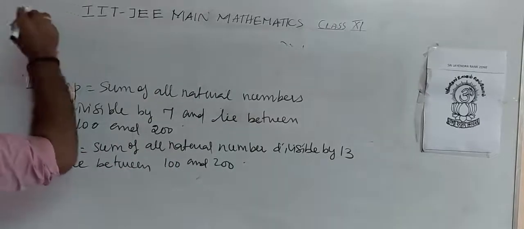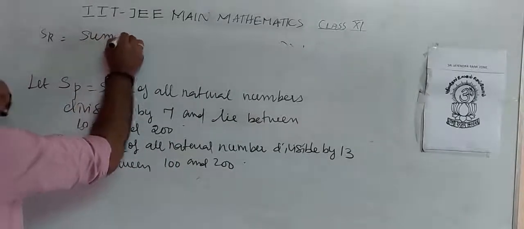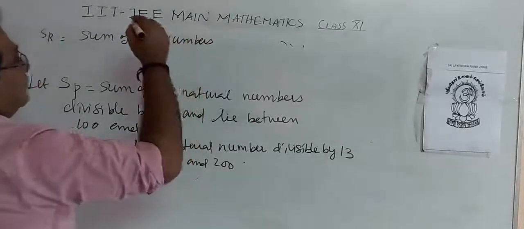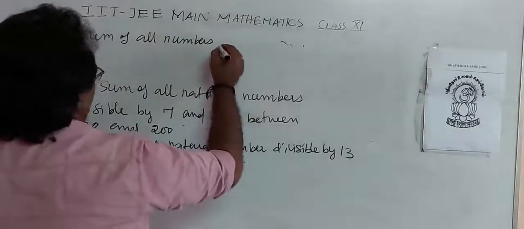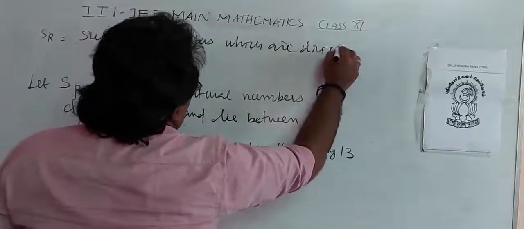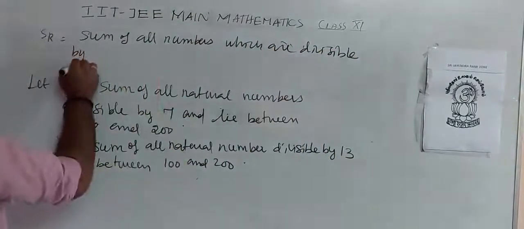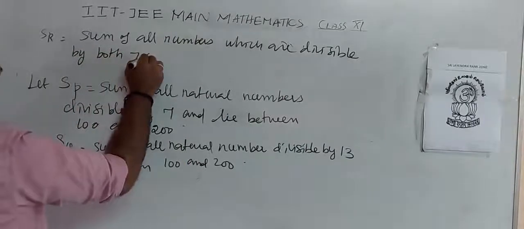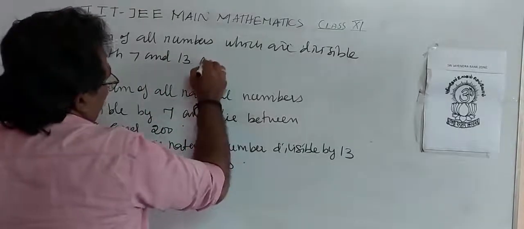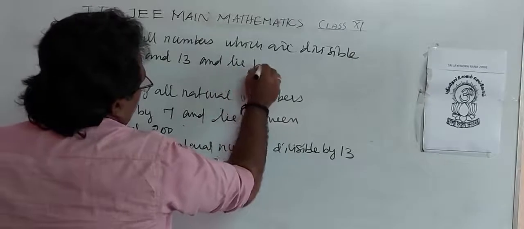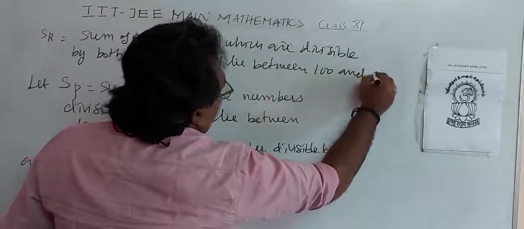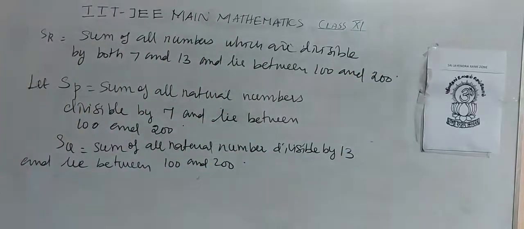SR is the sum of all numbers which are divisible by both 7 and 13 and lie between 100 and 200.